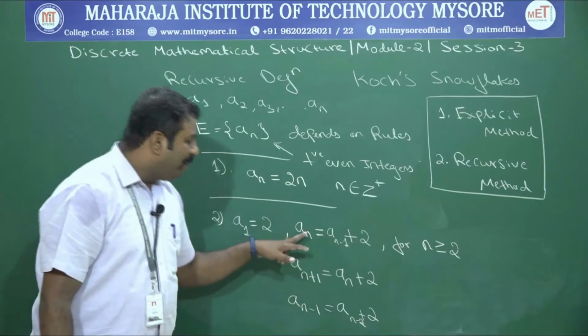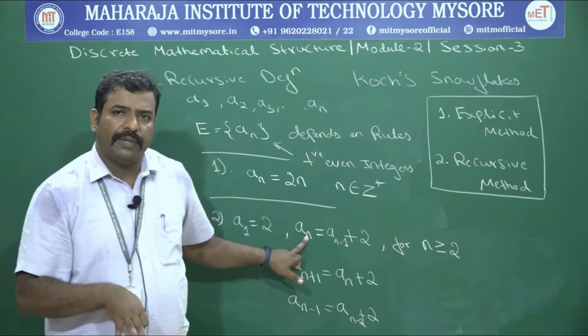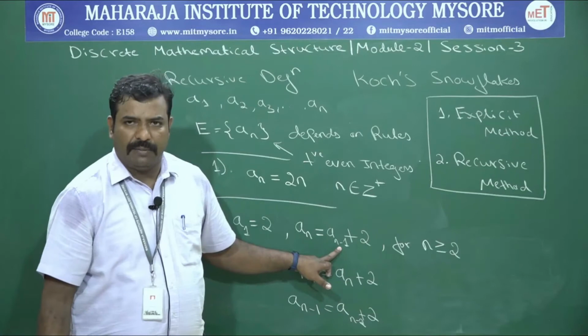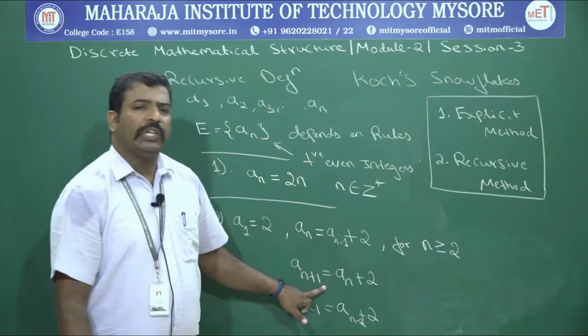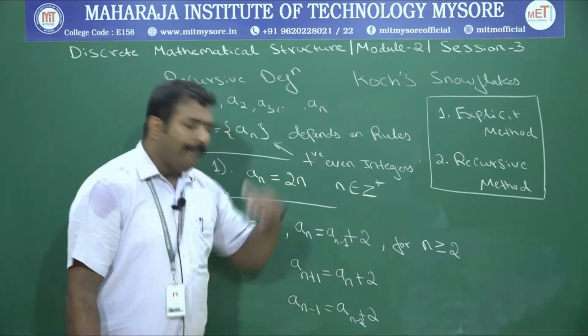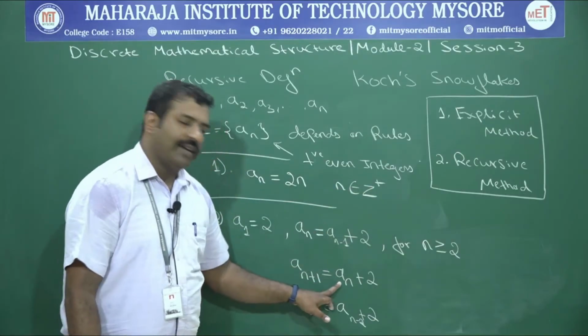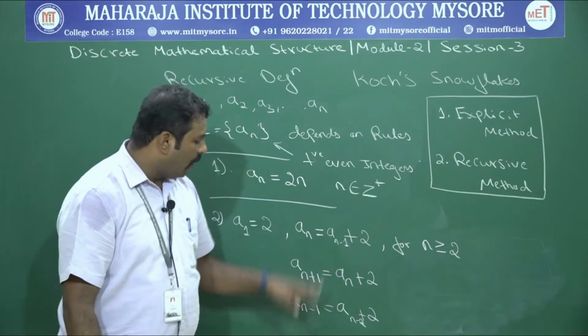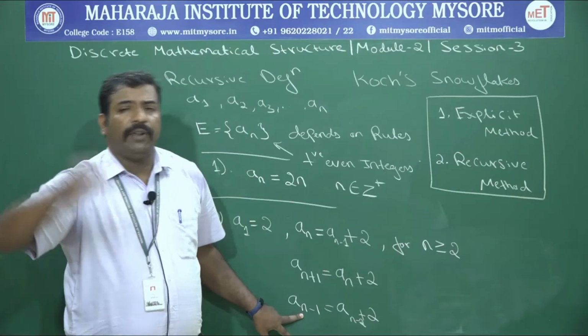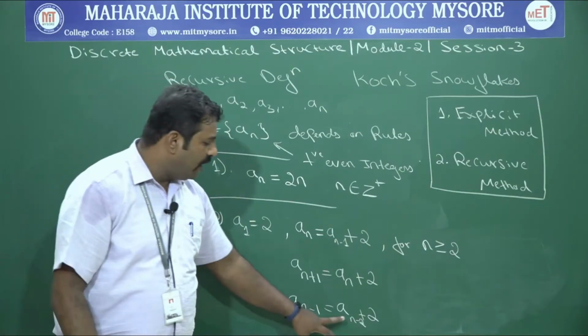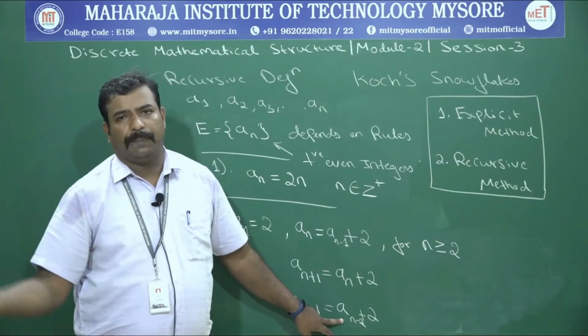So now either to compute the current element, I'm depending upon the previous element, and this is also equivalent to computing the next element being at the current element. Or I'm going to compute the previous second element using the previous element.